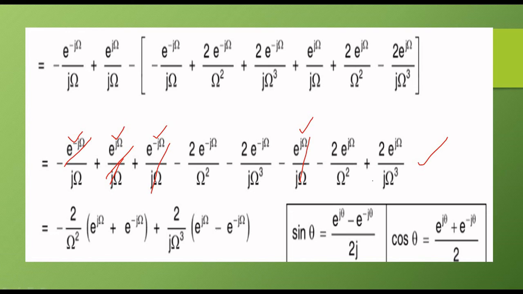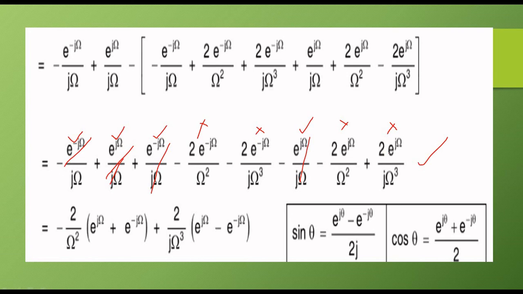So the balance what we have are, look at this. You have 2 e power minus j omega by omega square. Also you have 2 e power minus j omega by j omega cube. Then you have minus 2 e power j omega by omega square.